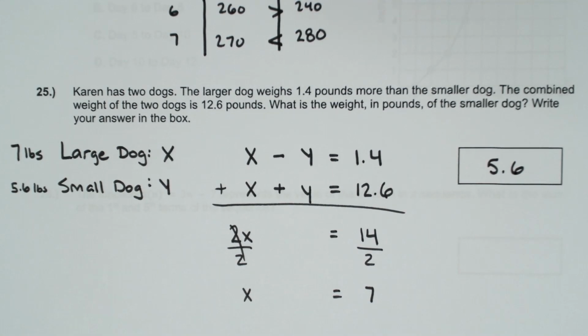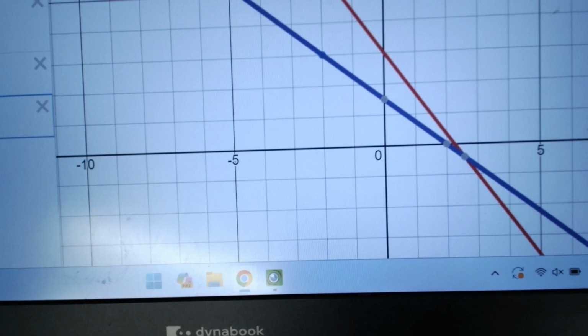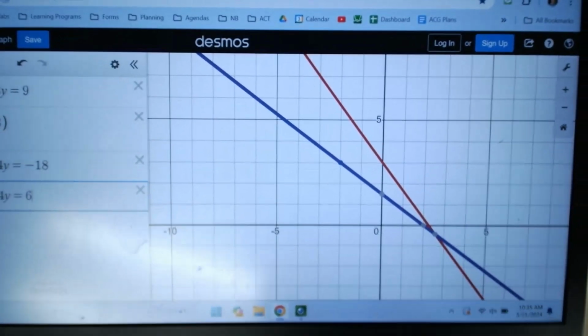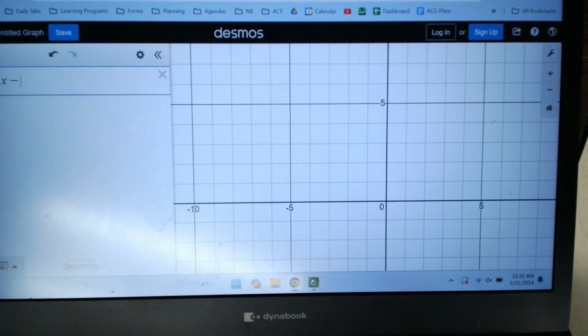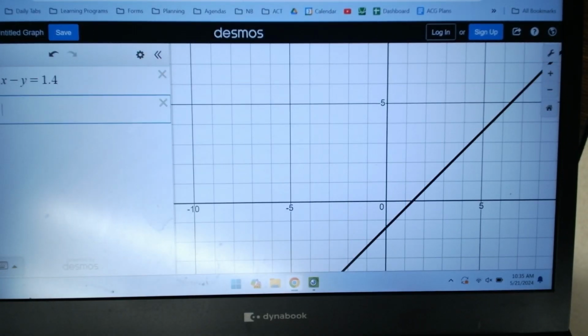Can we make that a little bit easier? Yes. Can you guess how? Put it in Desmos. You don't have to do any of that solving. As long as you can write the 2 lines, you're good. I'm going to type in x minus y equals 1.4 and x plus y equals 12.6.